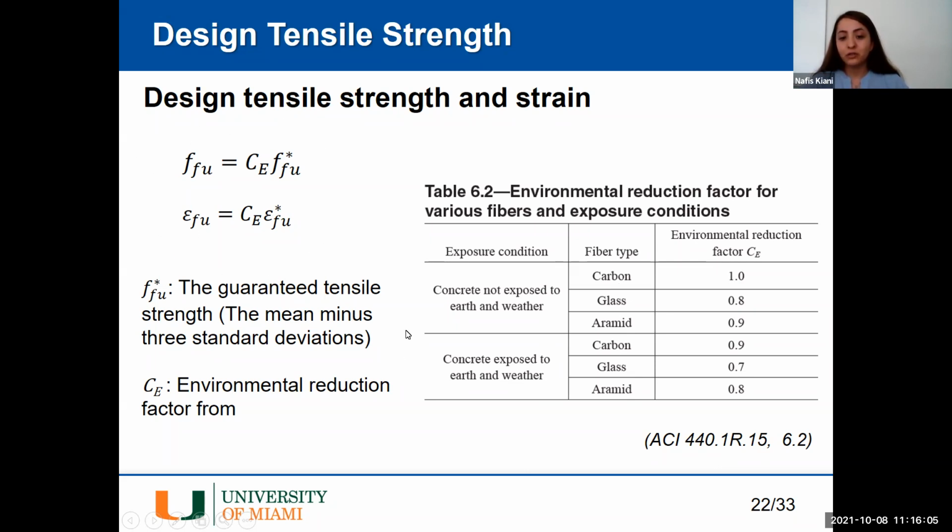These equations are based on the ACI 440 committee guide, and you can go through the guide and see the differences between the reduction factors for different FRP bars.